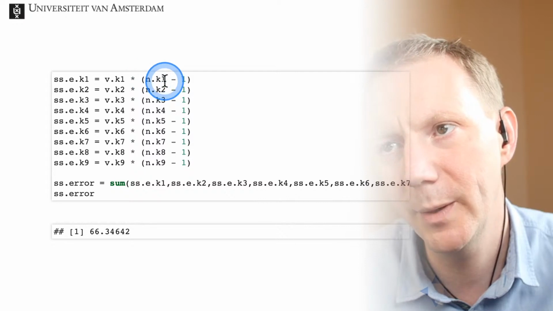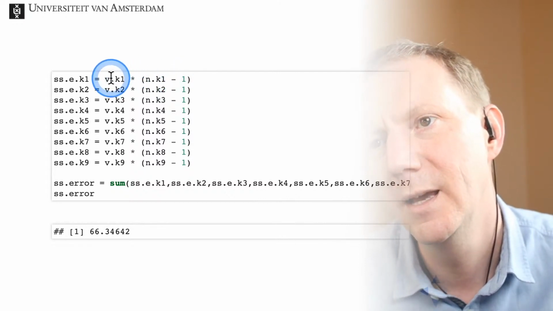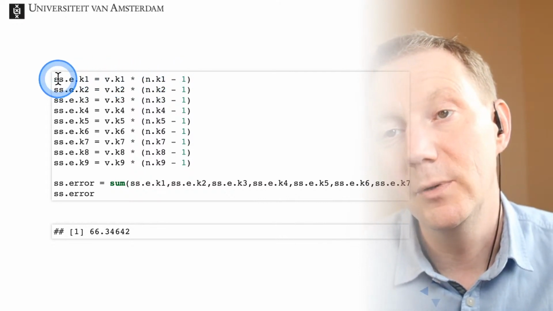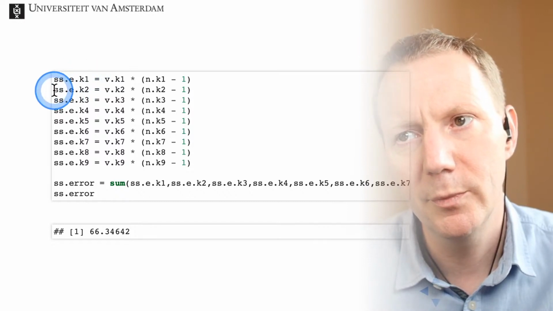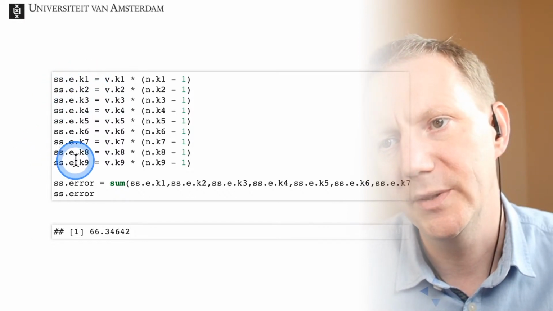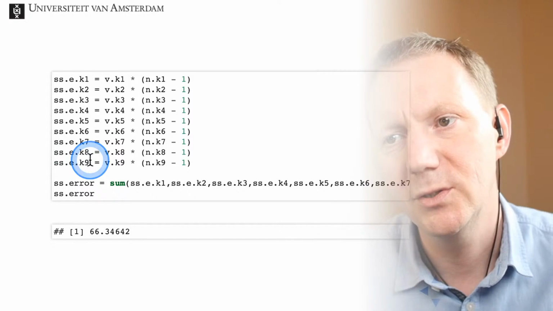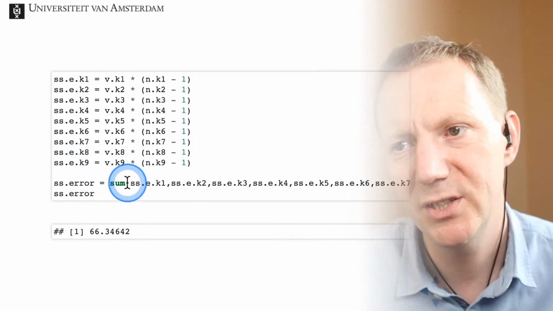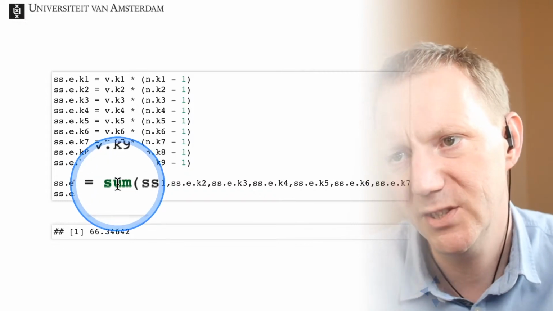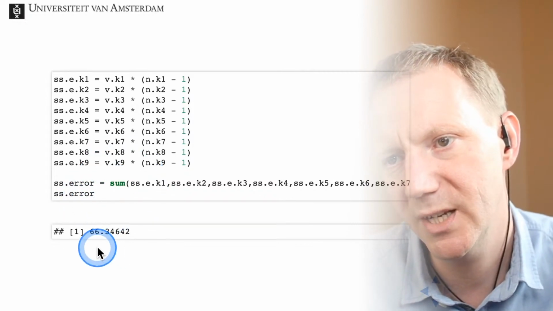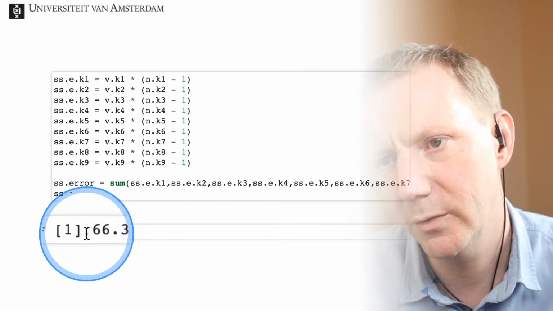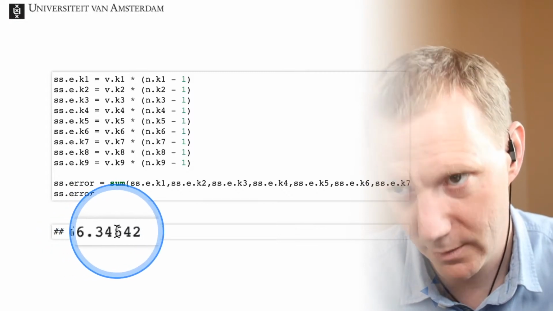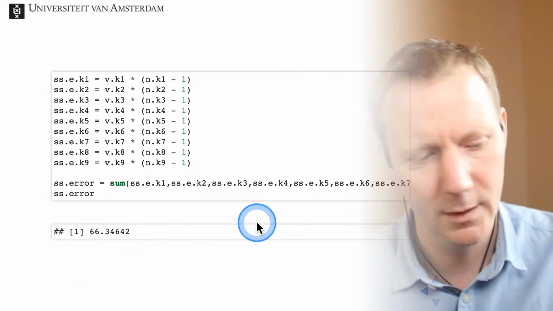So that is the number of people in that group minus 1. And that results in the sums of squares for the first group, for the second group, for the third group, up until the 9th group. And if I want to sum the squares of all those different groups, I just add them all together here with the sum function, which results in sums of squares for the error of 66.34 and a bit.